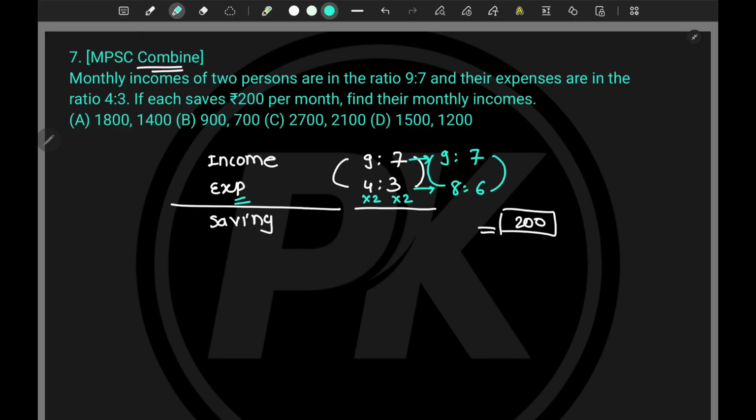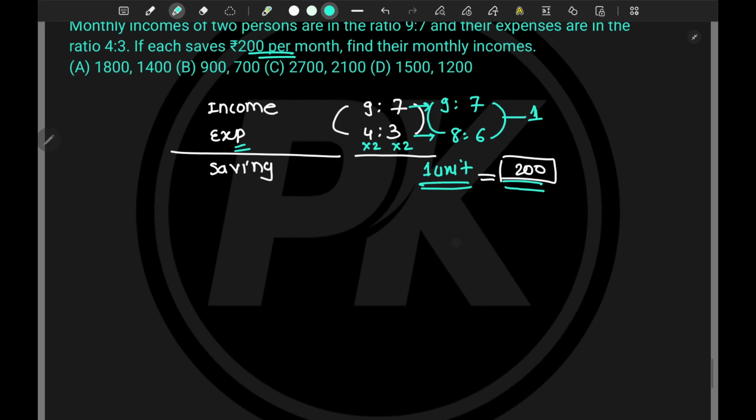Now can you see the difference is only 1? Do you agree? Yes. Now if the difference is equal to 1, that means 1 unit is equal to how much now? 200, and they were saving 200 each. Now, if 1 unit is equal to 200, the income of A will be what?